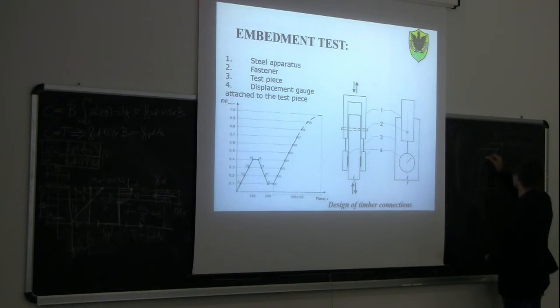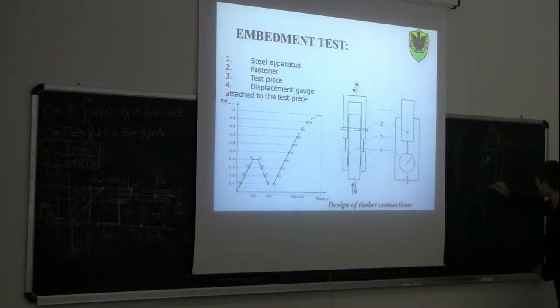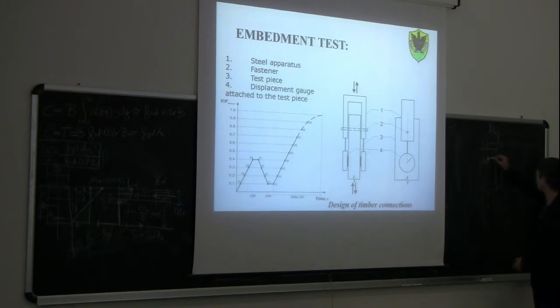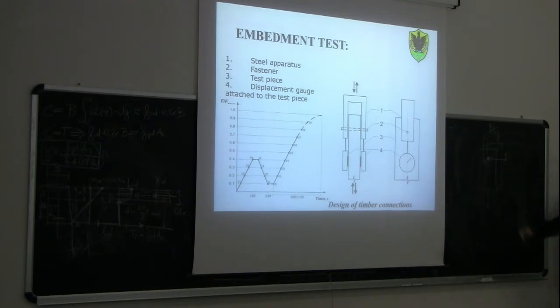Here there is this kind of fork, so basically we pull this fork and we pull this piece of wood all together. In this test in the laboratory, we measure the value of the applied load, and also the displacement, so how much the dowel displaces with respect to the initial position. So this is the embedding strength test.